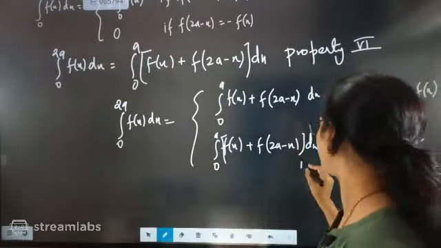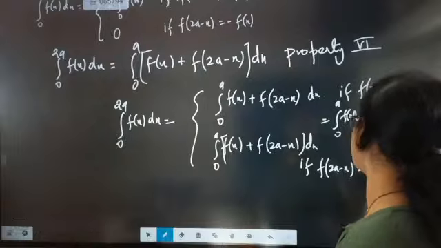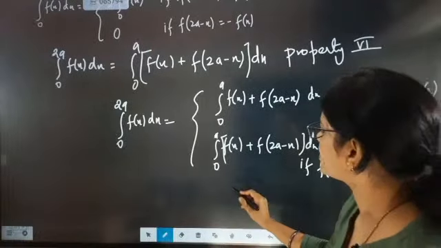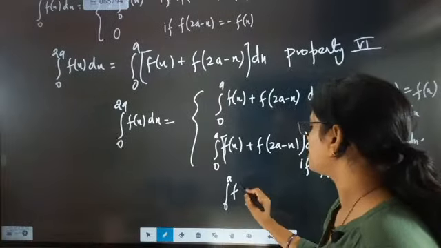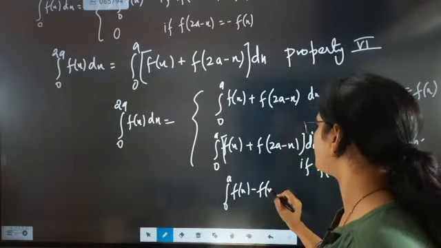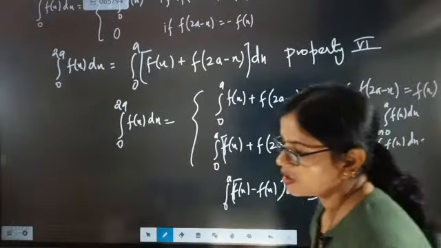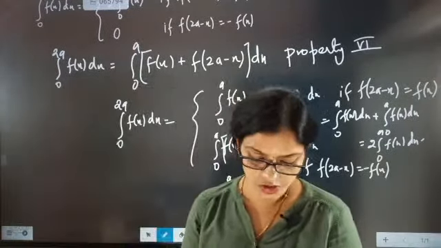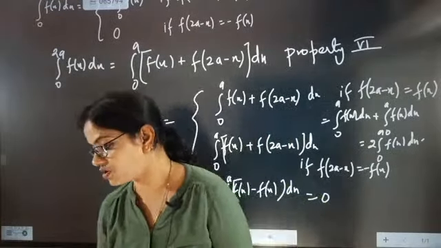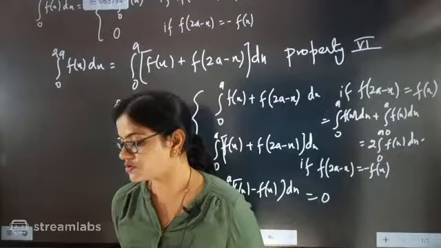Easy. But if f of 2a minus x is minus f of x, this one will become 0. This part is exactly the integral from 0 to a of f of x minus f of x dx, so it is going to be 0. For the even case it exists; for the odd case it gives 0. I hope you have understood this point.